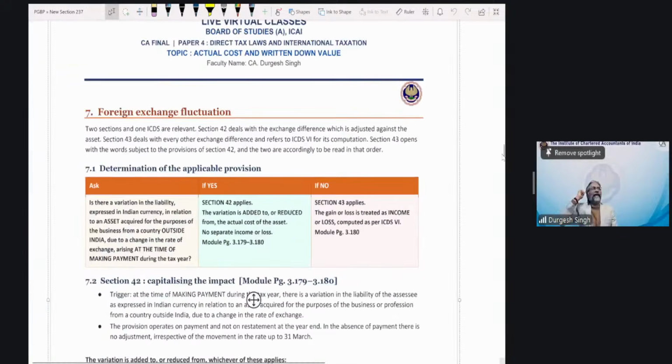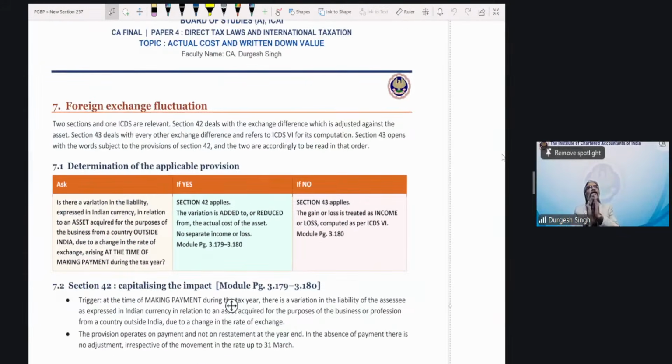If there is any conflict between a section and what is given in the ICDS, then the provision of the section will prevail over the provision of the ICDS. Isn't it? That is what was discussed earlier also. So just keep that in mind, students.